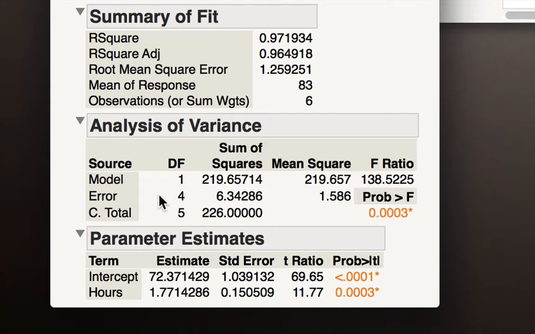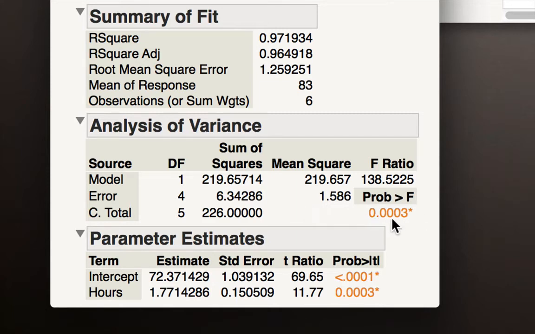This data set has 6 individuals, and we used up 1 degree of freedom for the slope and 1 degree of freedom for estimating the intercept. So we have 4 degrees of freedom left for error. So the sums of squares, 6.34, divided by 4, gives us the mean square for error, our best unbiased guess of the variance in the population around this line.